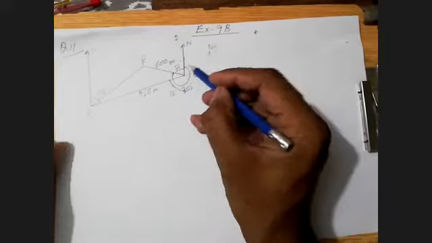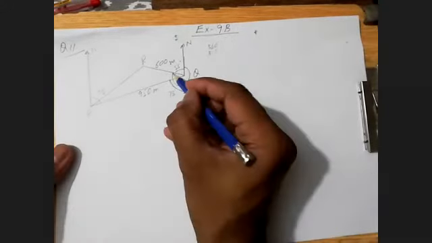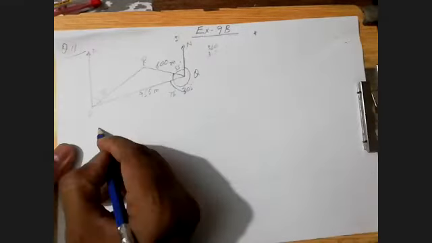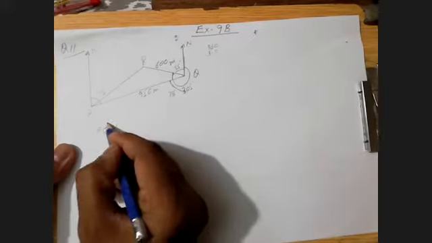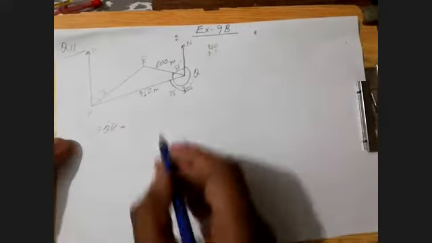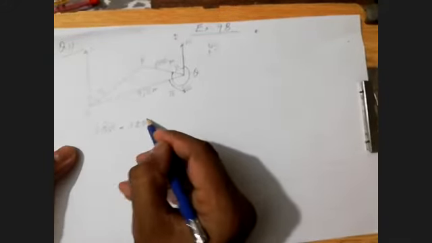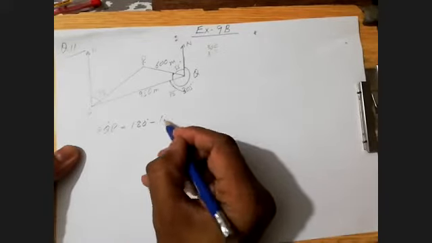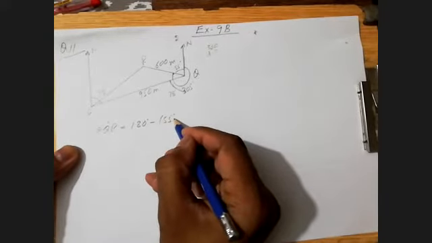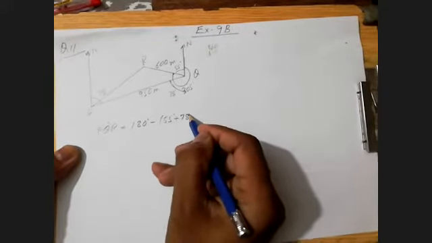This is 55. So this angle PQR is 180 minus (55 plus 78).